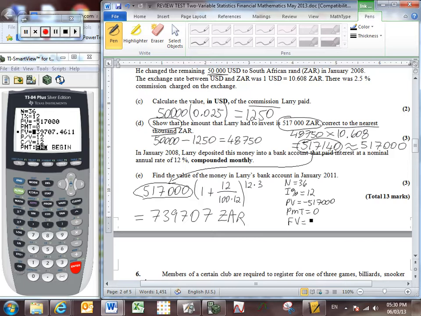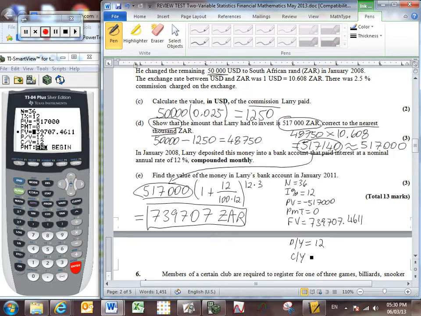Future value is 739,707, and I'm going to include that just to show the entire thing. Of course, I've already got my final answer rounded to the nearest 1 right there. And the P over Y and the C over Y are also important, especially in this case because they're not equal to 1. You need to show that it's compounding monthly.